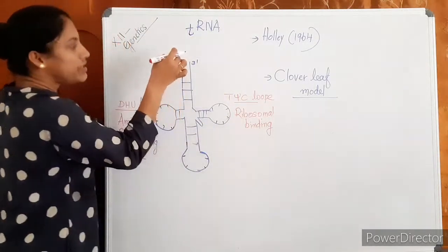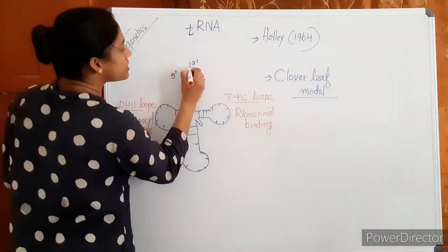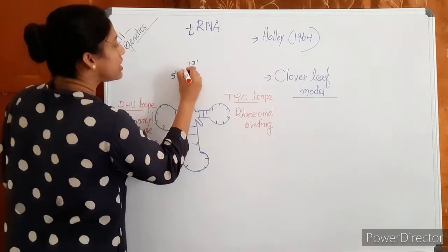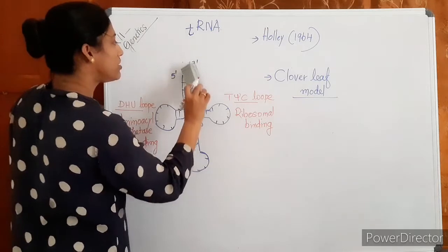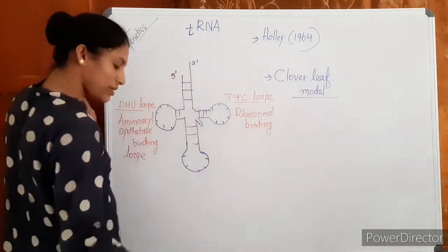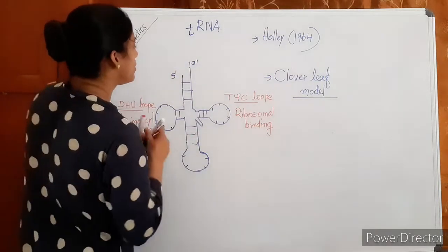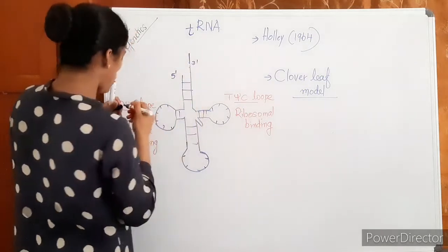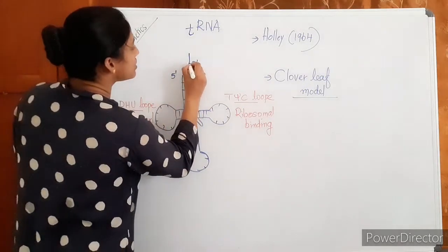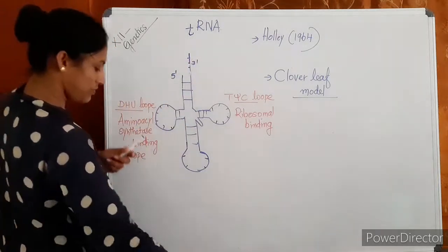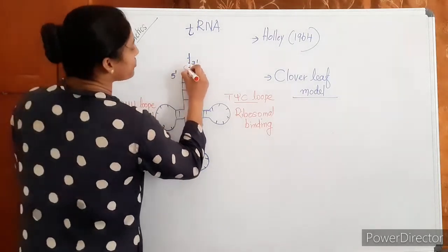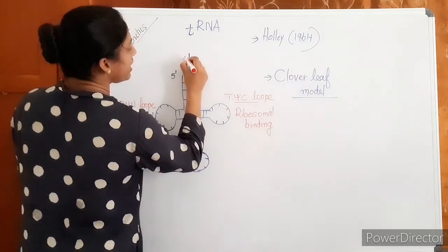Okay, and at this end there is a CCA end. I will just draw it correctly because it is a little more. Okay, the bases are CCA. The bases at the 3' end, for every tRNA, are CCA.